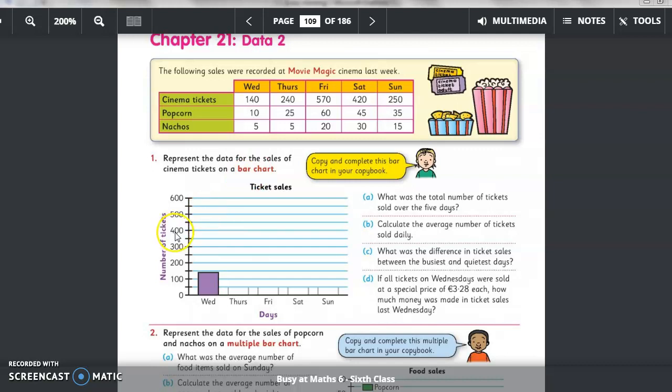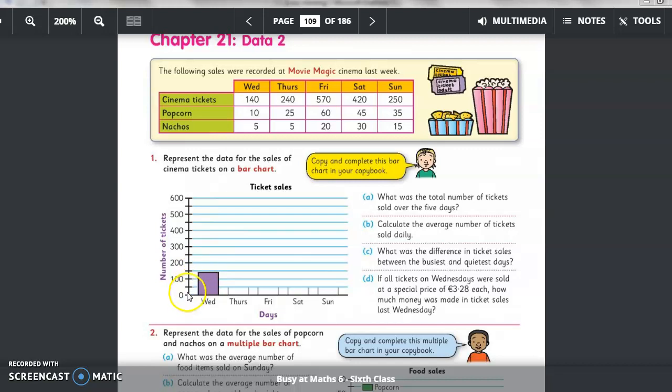So for example, here you can see the number of tickets sold on Wednesday, 140 tickets. Now if you were to display each ticket individually, you would need a very, very large bar chart. We don't have that. We use what's called scale.